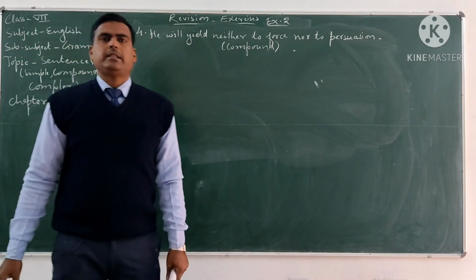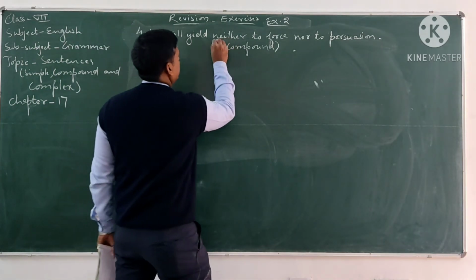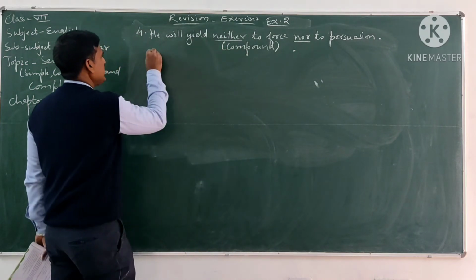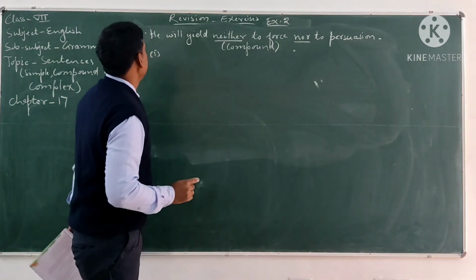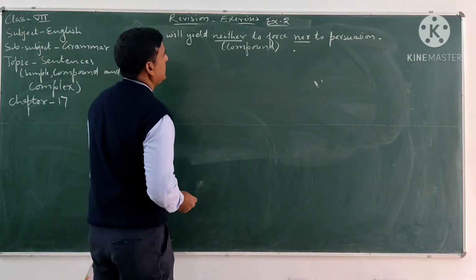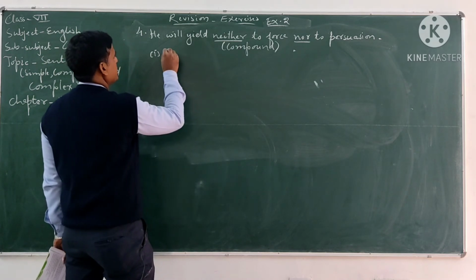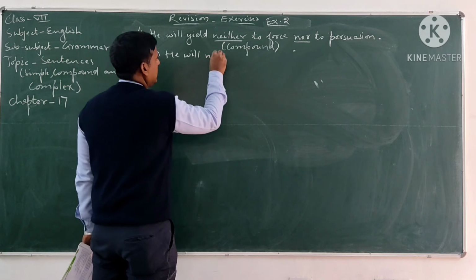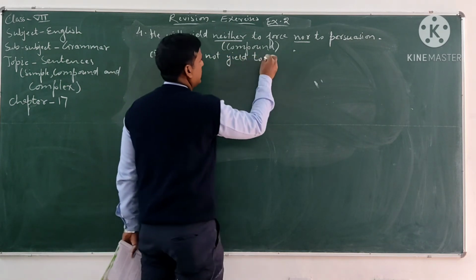The sentence is joined with the help of the correlative conjunction neither nor. The first coordinating clause is he will not yield to force.